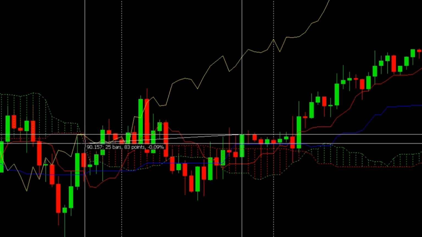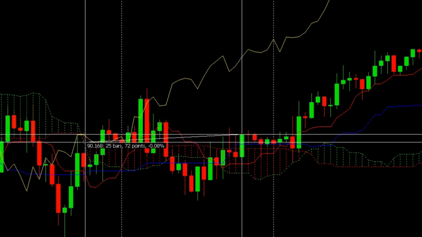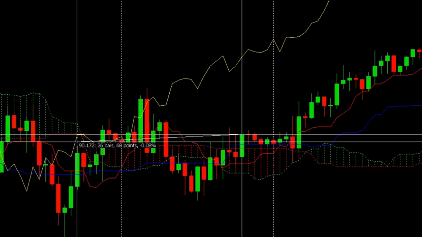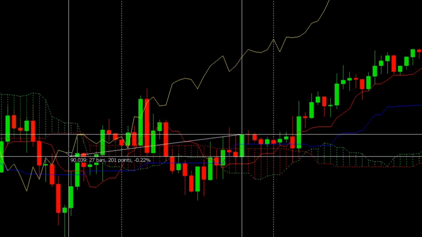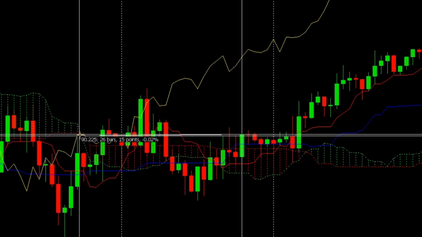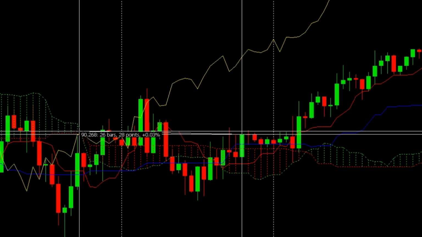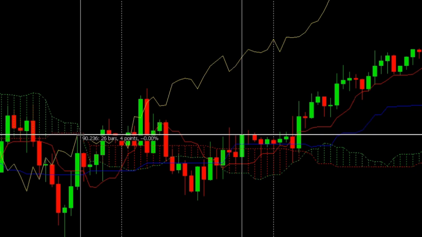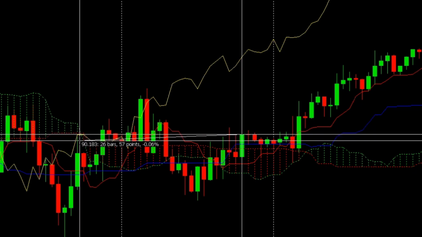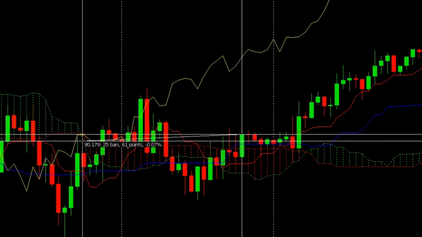So if we go back 26 bars, that's taking us to here, and as you can see, it is only just above the price, but it isn't above the Kumo. So depending on the rule that we're going to use there for the filter, this may or may not have allowed this entry to occur. Instead, we might have to wait for those conditions to be right.